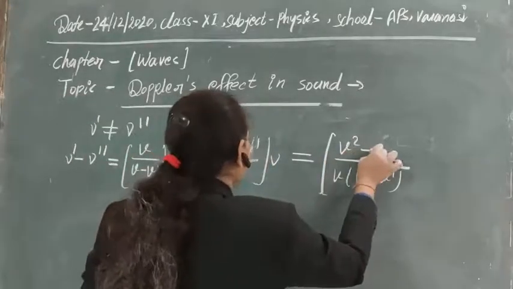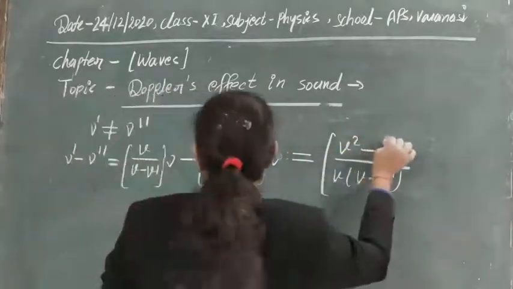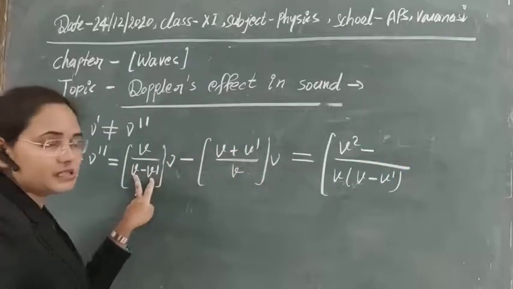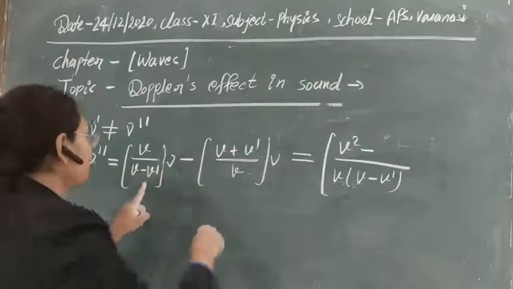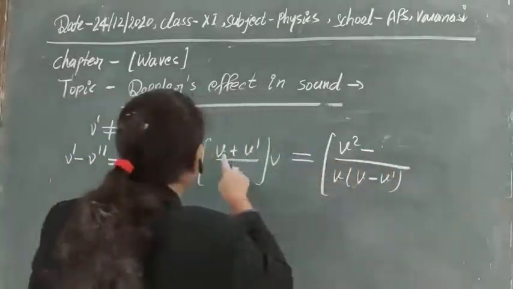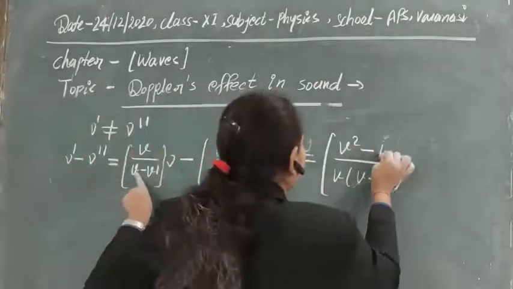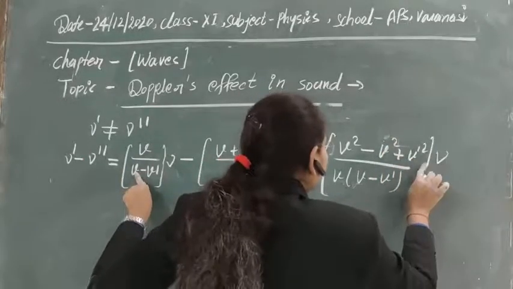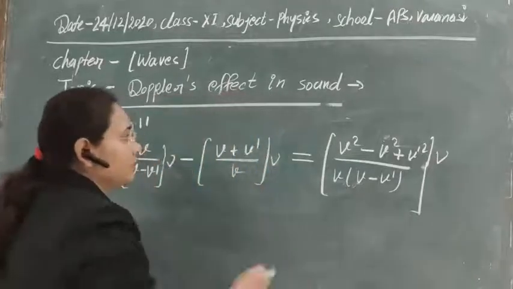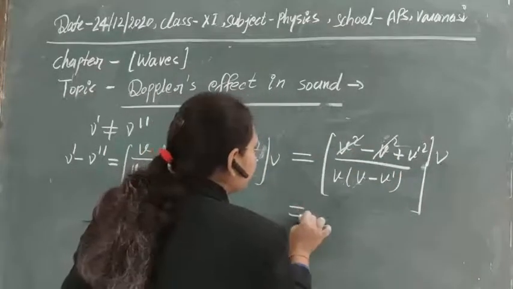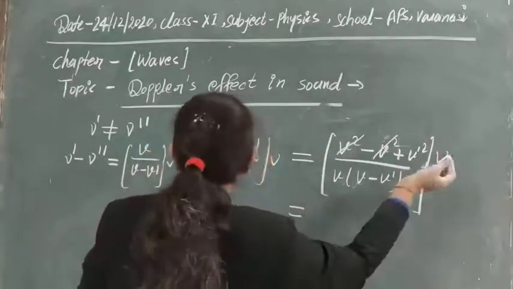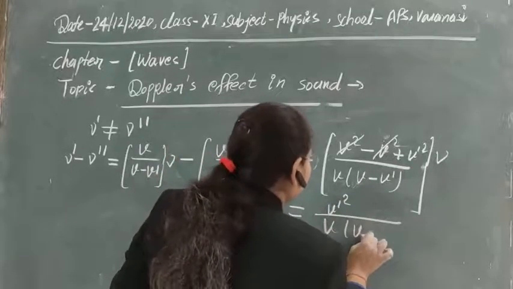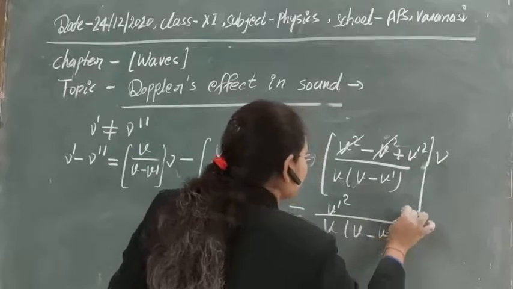This will be v square minus, v minus v dash and v plus v dash. It means that the a minus b, a plus b formula you can apply here. This will be a square minus b square, meaning v square minus v dash square, into mu here. So these two things will be cancelled out, and we can write here v dash square by v minus v dash into mu.